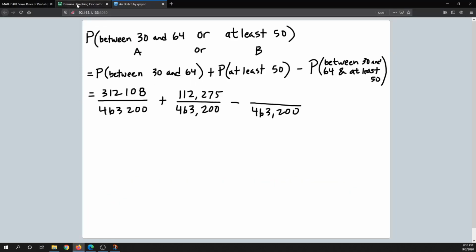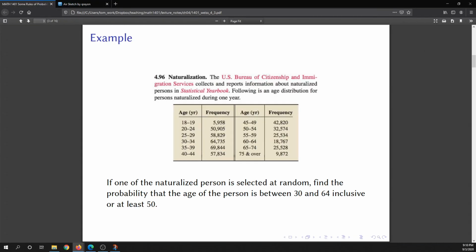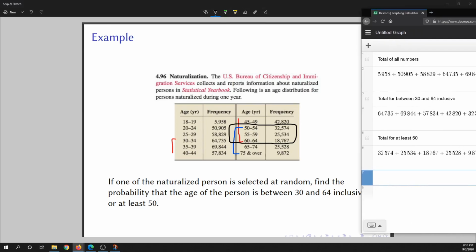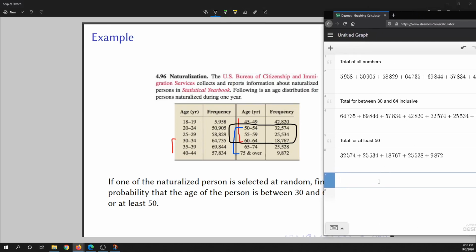Let me just drag this over and then do it off screen because it's easier. Actually, if I move that back here, we should be able to see it. Okay.